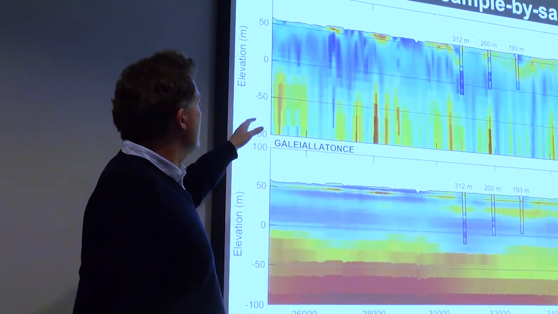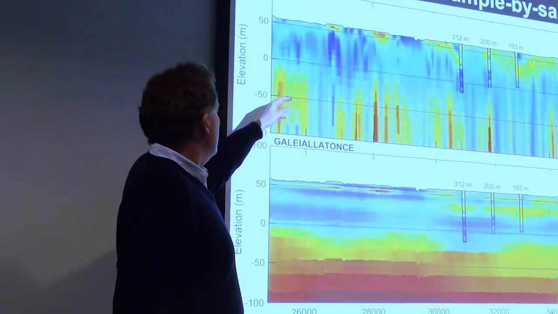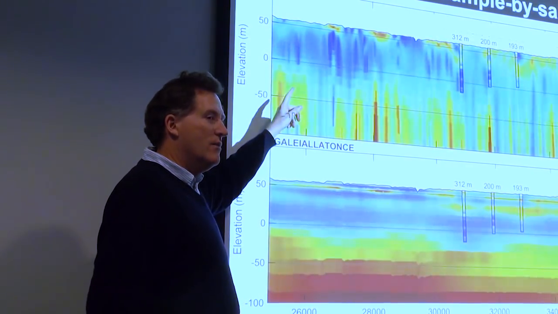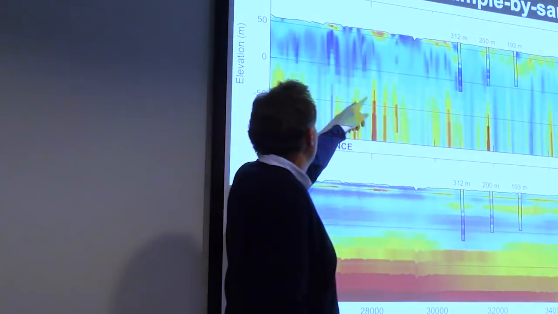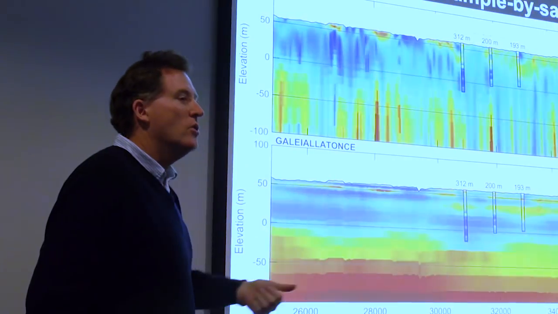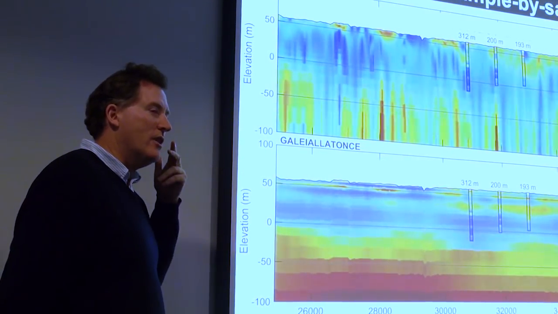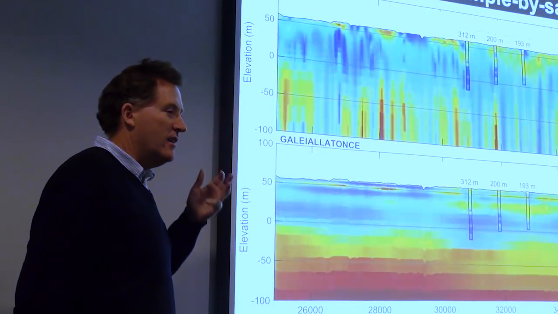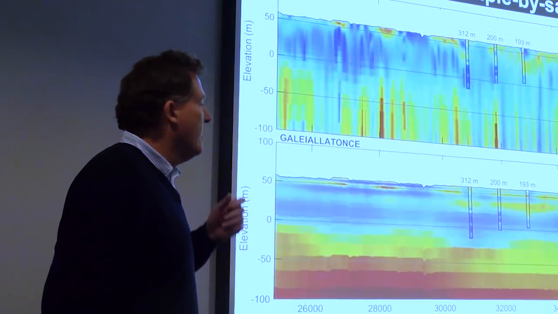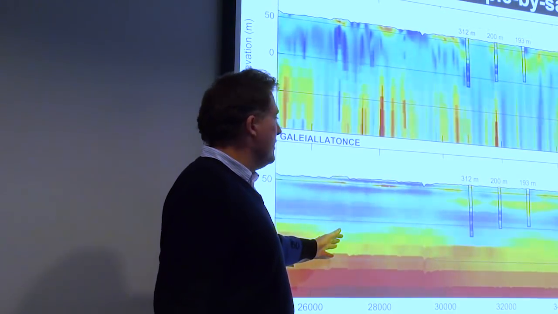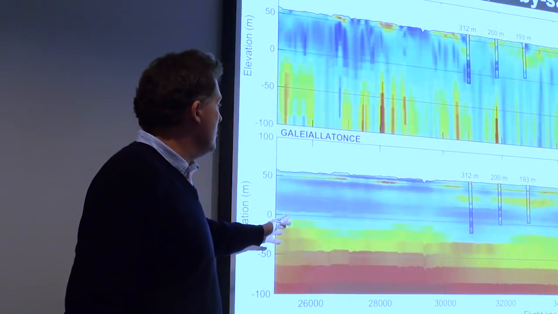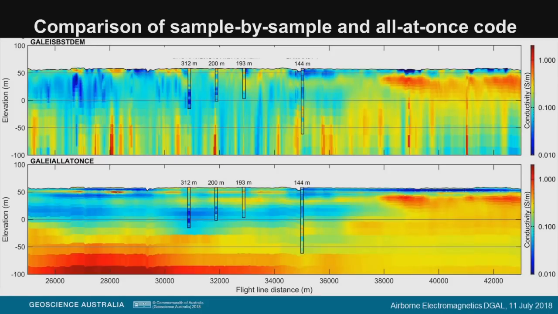And you can see the main thing to notice is that in this inversion, because it's only inverting one sample at a time, you get a lot of this vertical striping caused both by noise in the data and also by the uncertainty that is inherent in the AEM data. So by putting lateral constraints, we can make a more geologically realistic inversion model by making it coherent along the whole line. Now, that's where I finished, and Laurence will say how we're going to tackle some of this uncertainty.